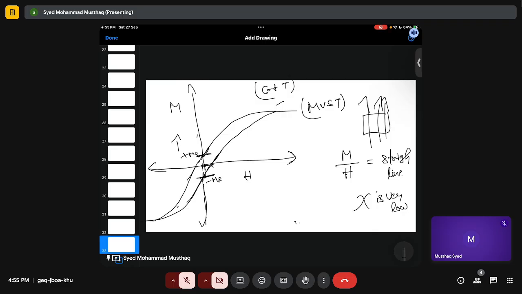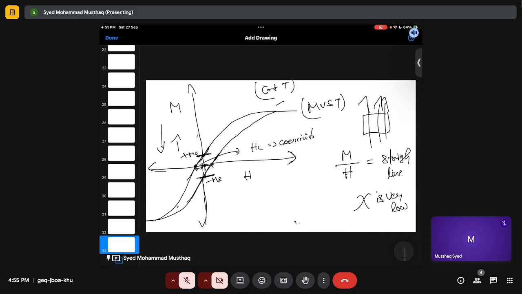The spins are in this direction, so I have to reverse my magnetic field. Then if I increase the reverse field, the magnetization will go down and reach 0. This is called the coercivity, which is given as HC.